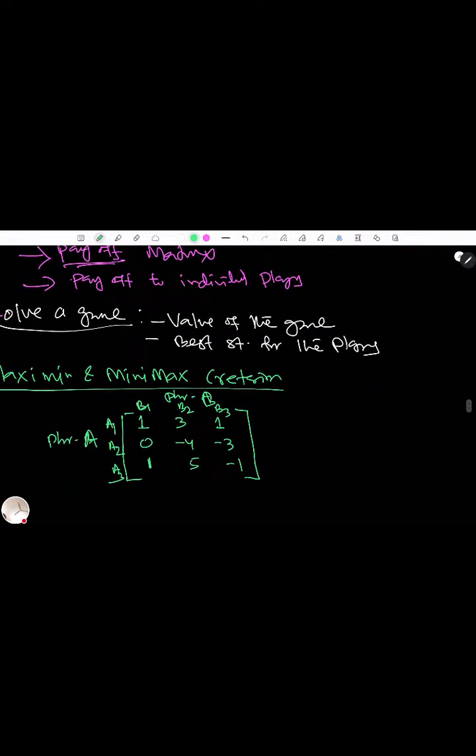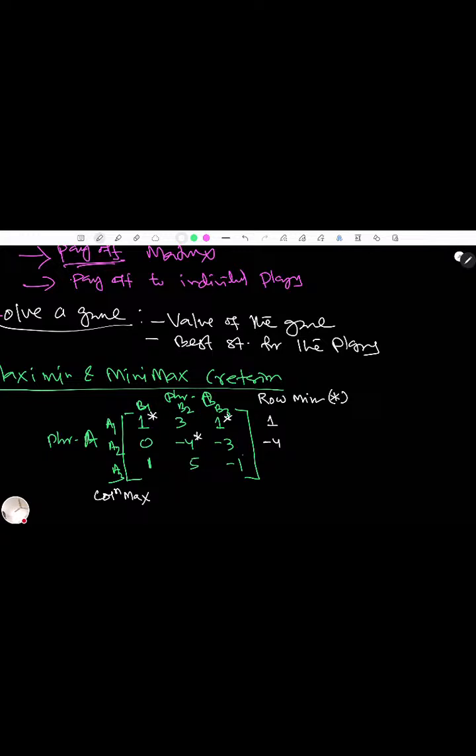From player A's point of view, we first find the row minima. From player B's point of view, we find the column maxima. Suppose I mark the row minima by a star. In this row, the row minimum is 1. In this row, it is minus 4.